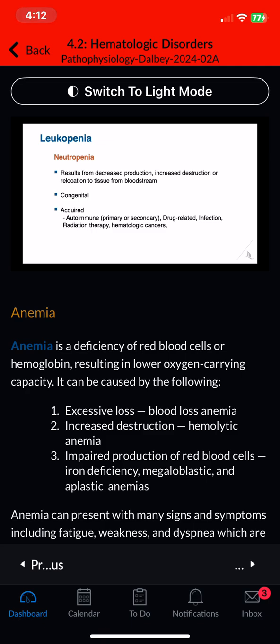So acquired neutropenia can result from autoimmune disorders where autoantibodies bind to neutrophils or their progenitors. And there can be two types: primary, in which the neutropenia is the only pathology, or secondary, in which the neutropenia is caused by another condition like a systemic autoimmune disease like lupus or rheumatoid arthritis. Infections like HIV, radiation of bone marrow, and hematologic cancers can also cause neutropenia.